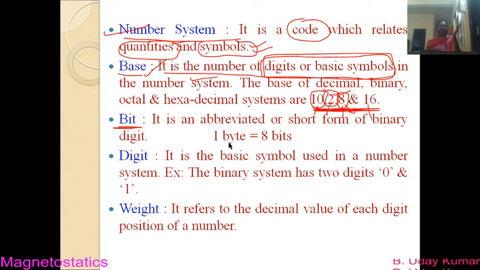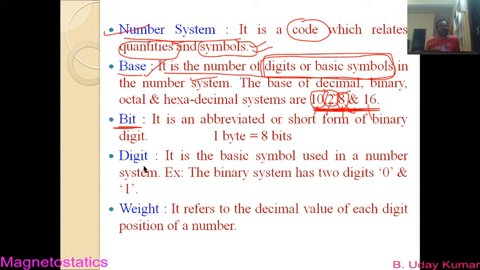Anyway, just for definition I have written here. 1 byte will be equal to 8 bits, so that you just know it. There are other formulas also in terms of gigabytes, megabytes and all those things. I am not writing all those, but here one definition I have written, so please try to remember it. We can say that 1 byte is equal to 8 bits.